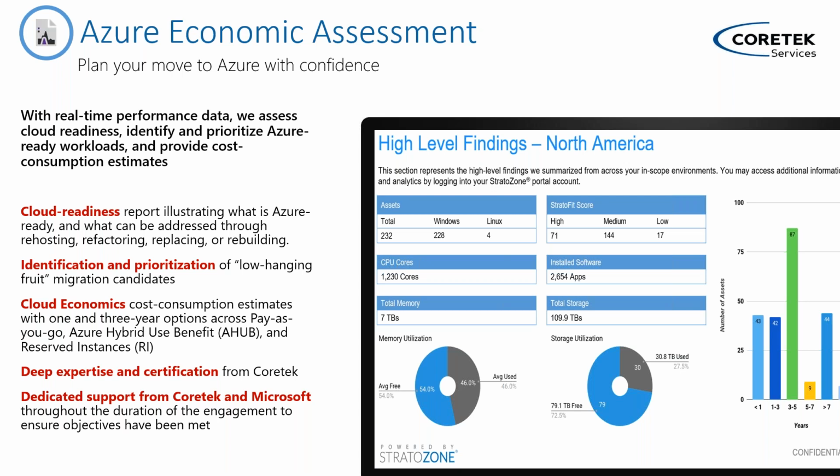Well, when you move over to the cloud space, when you move over to Azure, you're paying for your consumption. You're paying for what you're utilizing. So you don't want to over-provision. You don't want to under-provision either, because performance can be impacted that way. But there are different tools out there. We personally use Stratazone, but there are a lot of different tools out there. Azure Migrate's one, Movere's another, Cloudamize.